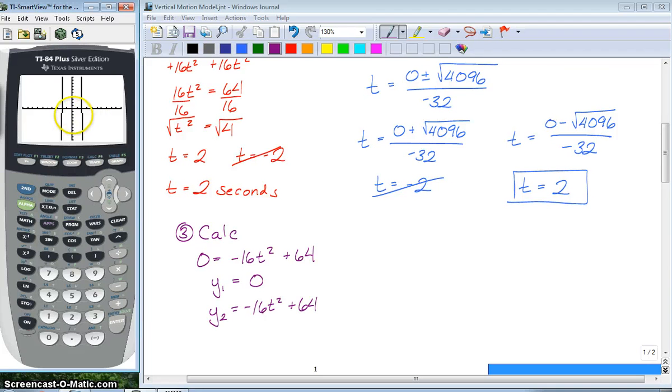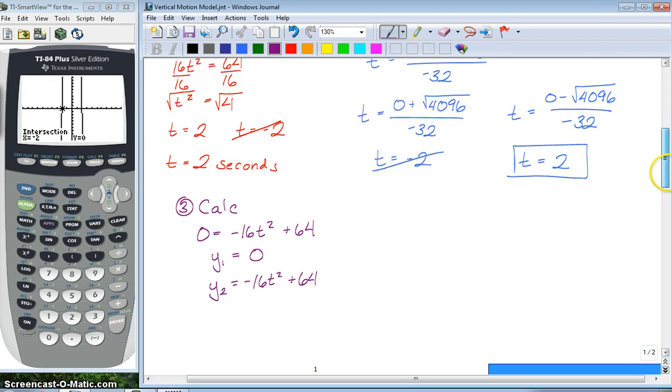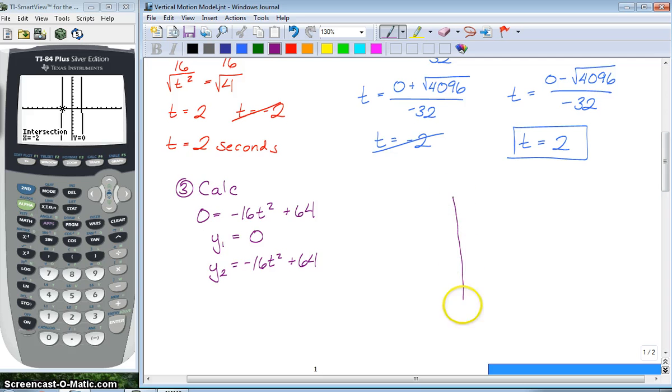In order to find these intersection points, we're going to hit second trace, 5. Scroll as close as you can to one of the intersection points. Hit enter 3 times. And one of the points is negative 2, comma 0.